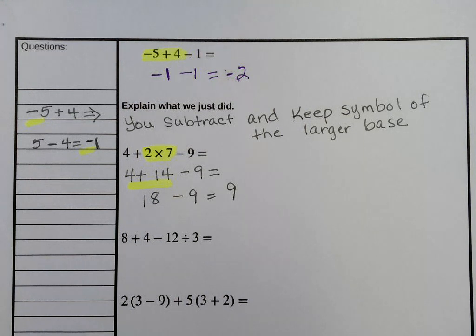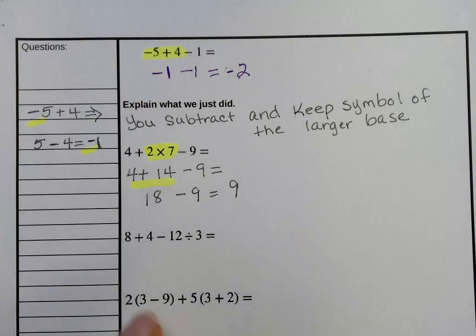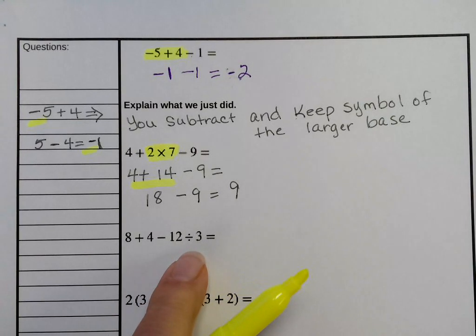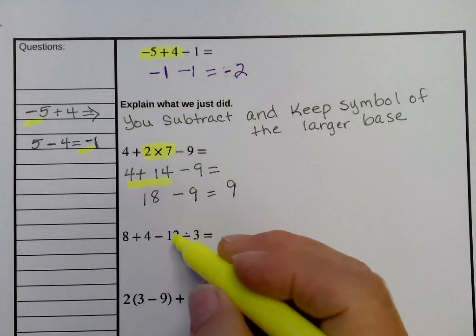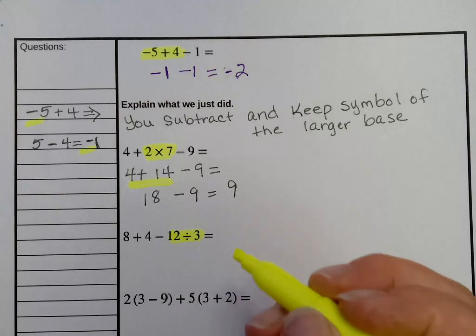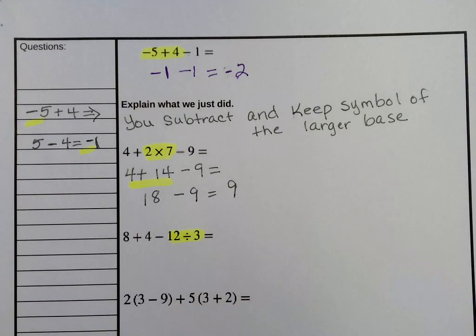Okay, pause the video and see if you can do the next one on your own, and then check your answer. So pause this video now. I hope you tried it on your own as we look through add, subtract, divide. We know that division happens before adding or subtracting.